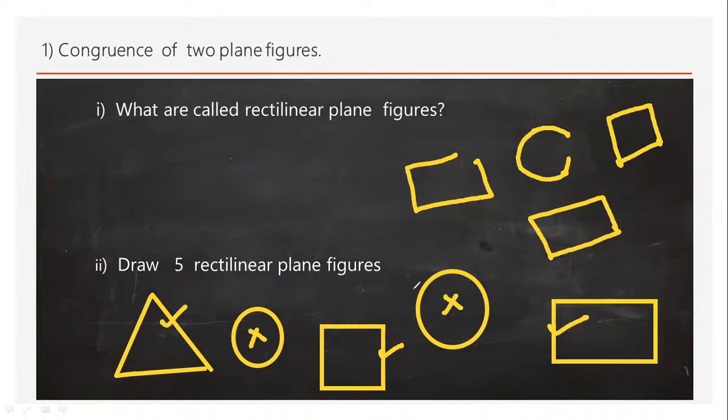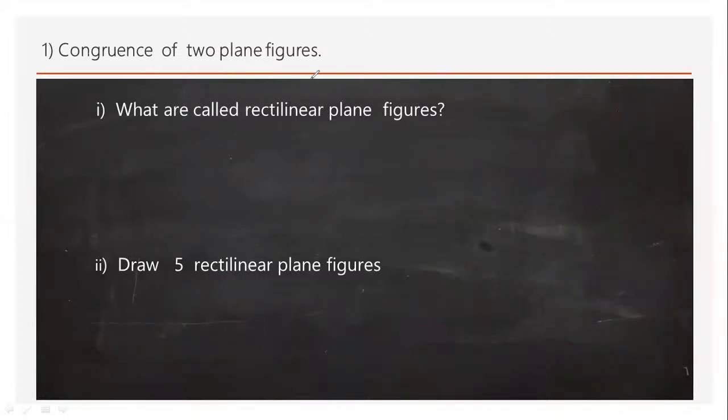These figures are called curvilinear plane figures, and these are called rectilinear plane figures. Triangles, squares, rectangles, trapeziums, pentagon, hexagon are called rectilinear plane figures.